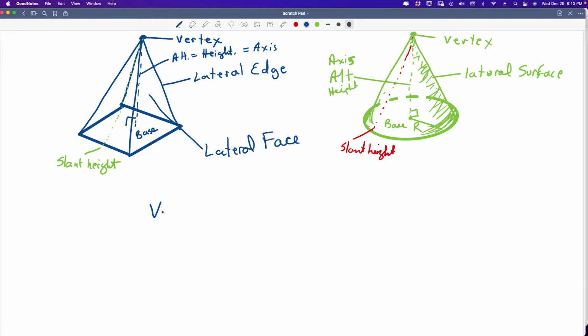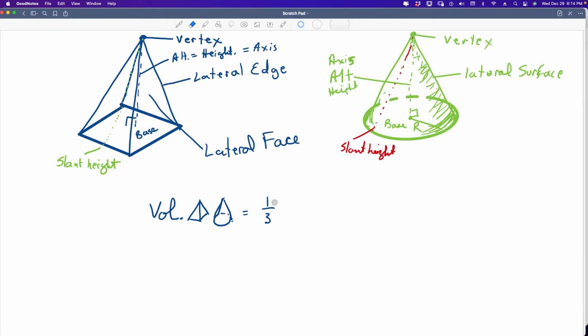The volume of a pyramid or a cone is going to be 1/3 of the base times the height.